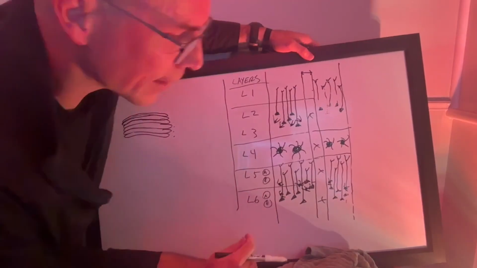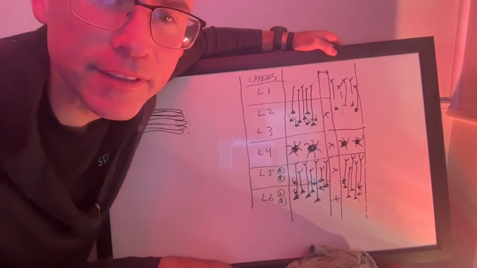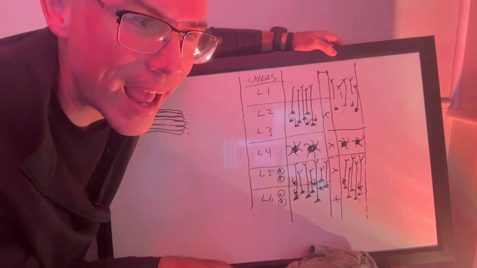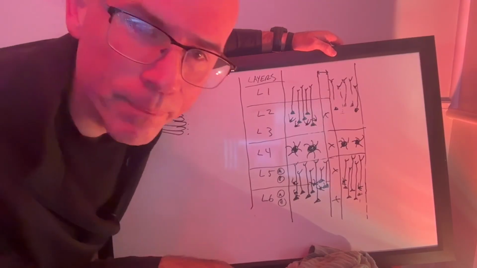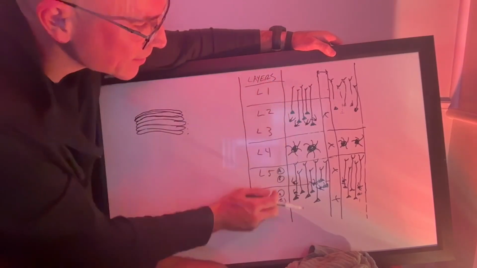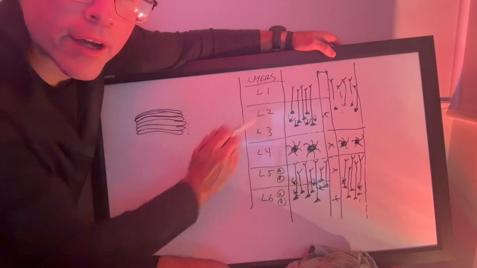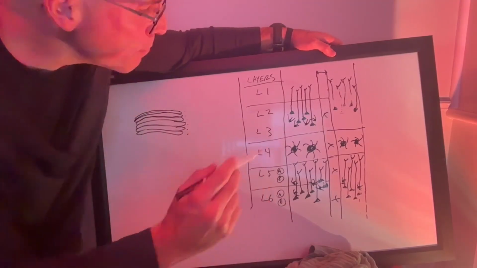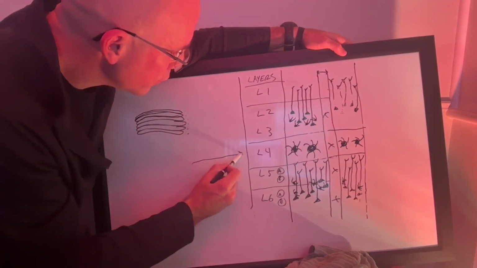So you would think how the brain functions and how Mother Nature just allows us to evolve to be optimal, you would think these layers would be linear, either starting from 1 to 6 or 6 to 1. That's not the case. Inputs come in to layer 4.